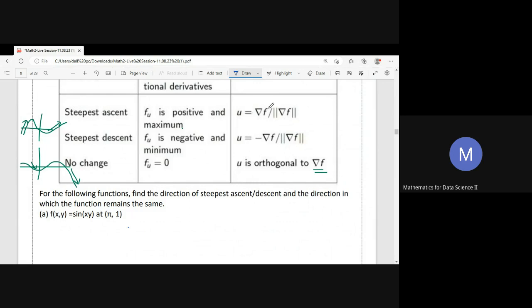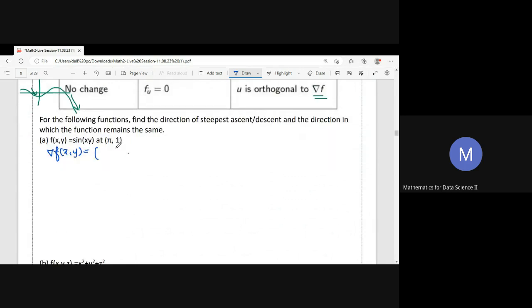First of all, you need to find the value of del f. So what is del f(x, y) for this function? What is the derivative of this function with respect to x? We have already done this. y cos(xy). And what is the derivative with respect to y? x cos(xy).